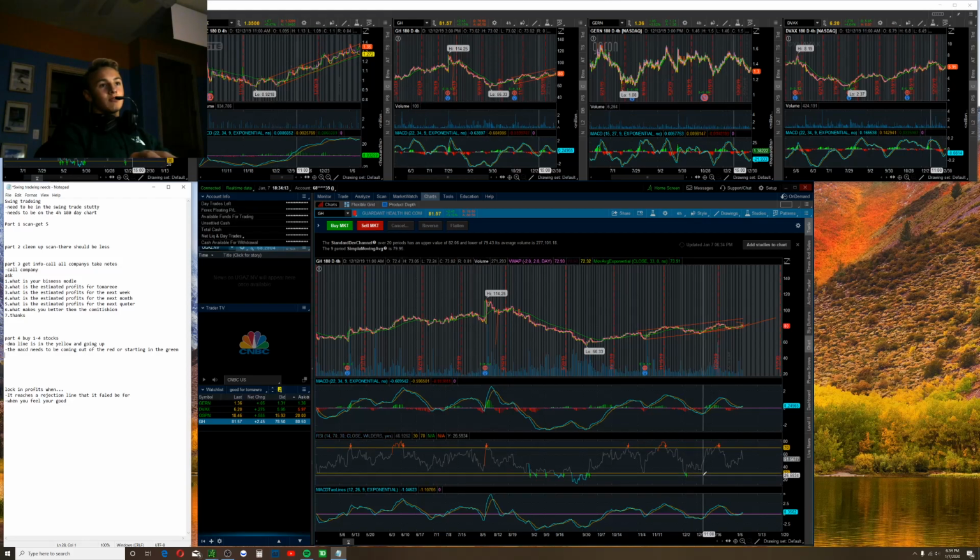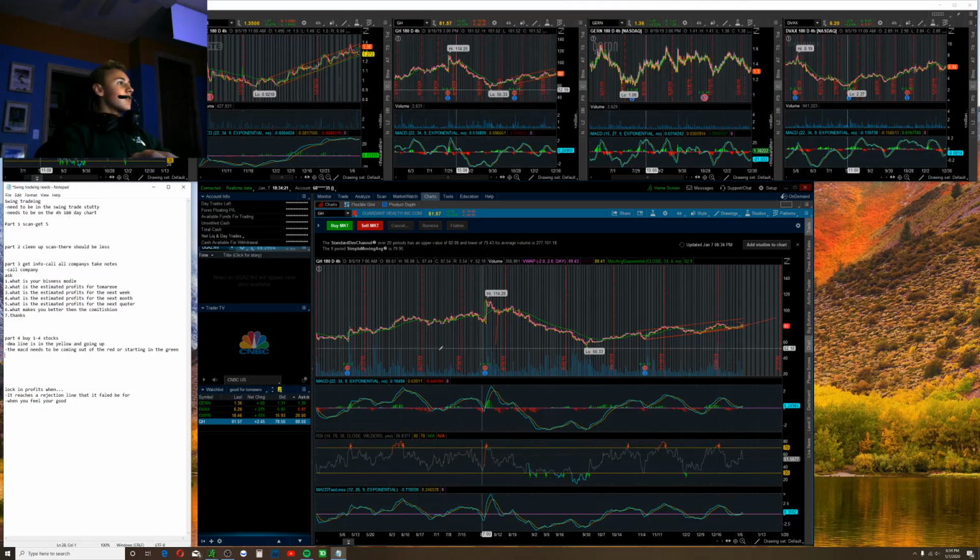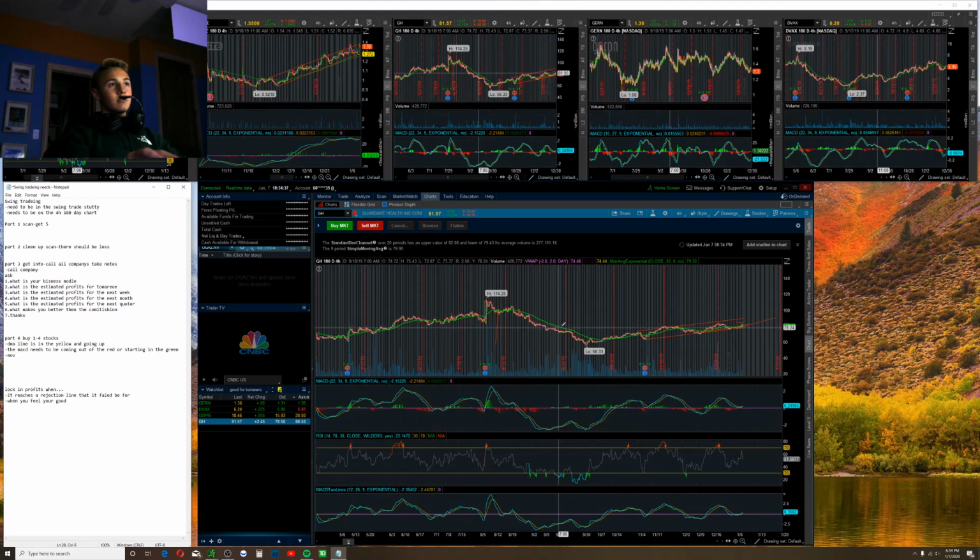I mean, that breakout was right here, but the last breakout detector was here, and then it broke down right here. And then also what you want to look for is the moving average exponential, MOV, let's just call it, that's this green line right here.